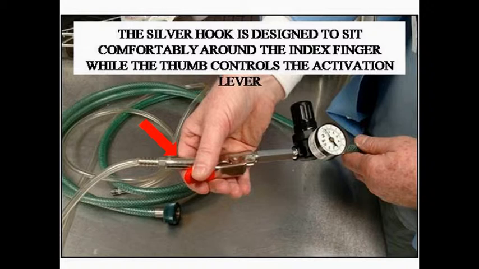There is a silver hook on the jet ventilator into which the index finger of the dominant hand should be placed. As you hold the Sander's jet injector in the palm of your hand, this brings the thumb into opposition on the pink lever that activates flow.